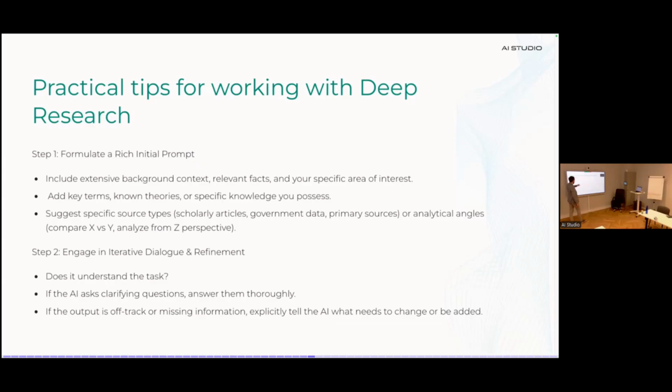Add key terms, known theories, specific knowledge you possess, and the main thing is to suggest specific source types, scholarly articles, government data, to pull the information from. And then iterate: does it understand the task, ask clarifying questions, and if something is missing from the output, say explicitly what you want.